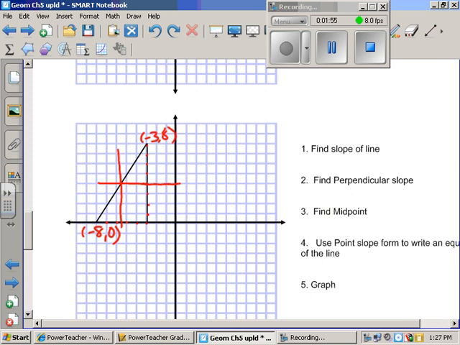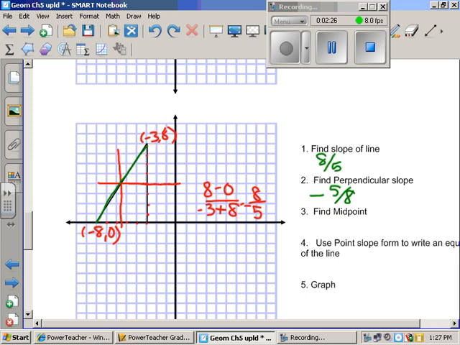To calculate the slope, I would do y2 minus y1 over x2 minus x1. So my slope is 8/5. And that's the slope of this line here. So if that slope is 8/5, my perpendicular slope is negative 5/8, opposite reciprocal.